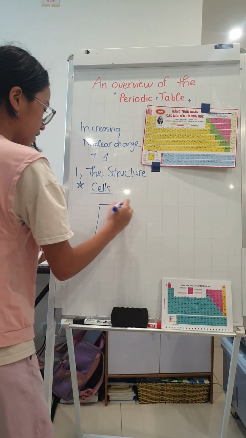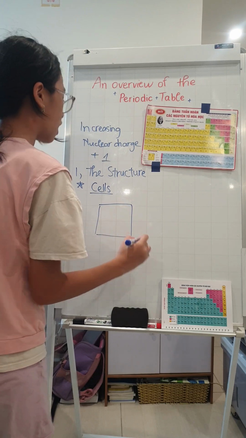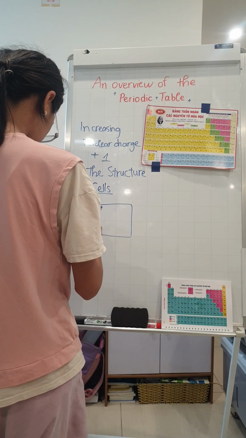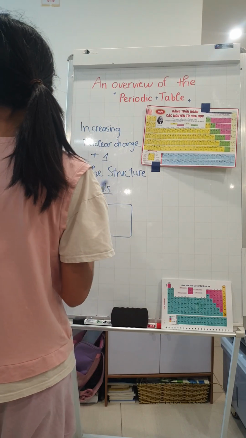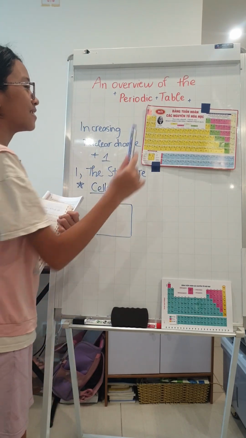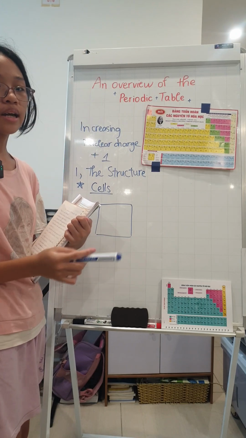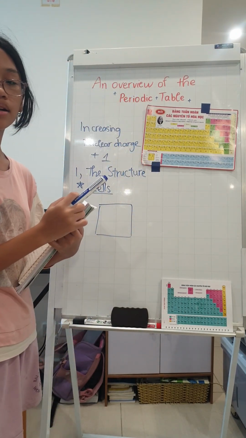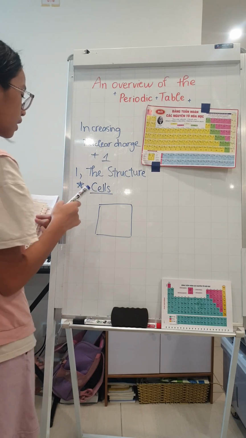And each cell provides us information about a chemical element: the atomic number, the atomic mass, the chemical symbol, and its chemical name.